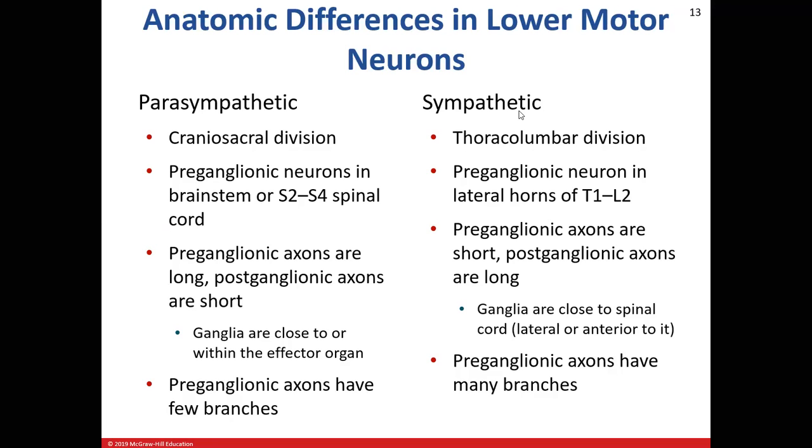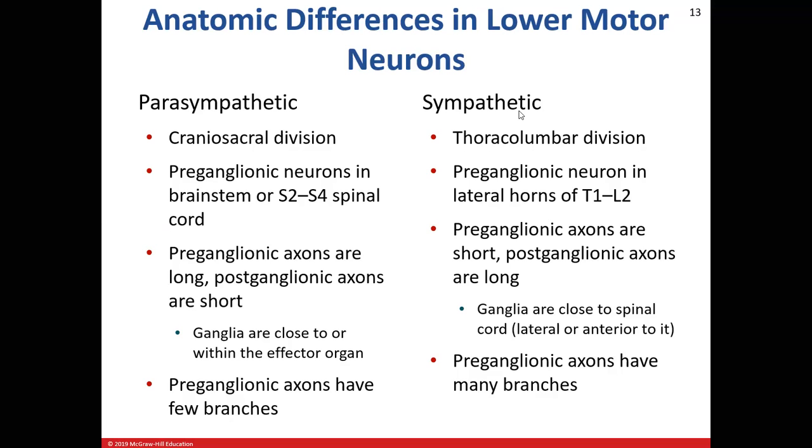When we look at the parasympathetic division, it's going to be craniosacral. So we're talking about those 4 cranial nerves, cranial nerves 3, 7, 9, and 10, and also the sacral division. So we're looking at those neurons that come out of the S2 to S4 spinal cord regions.